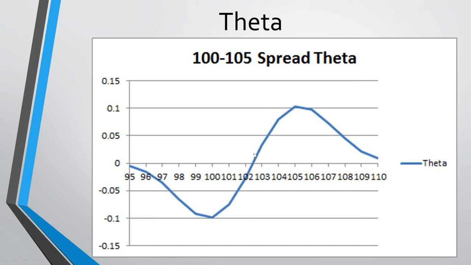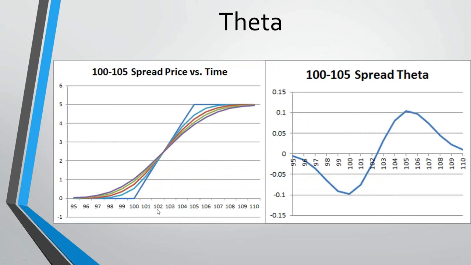As you pass that null point, time decay starts working for you if you're long the spread, and continues to work for you no matter how high the underlying goes. Because the extrinsic value is negative, this theta is adding back in, so the extrinsic value is becoming less negative every minute that passes. So you see, I'm putting the spread price versus time next to the spread theta. Where it's negative, it moves this down. Where it's positive, it moves it up with the passage of time.